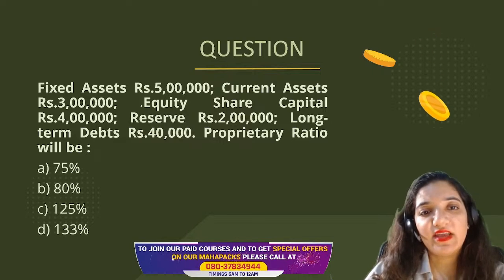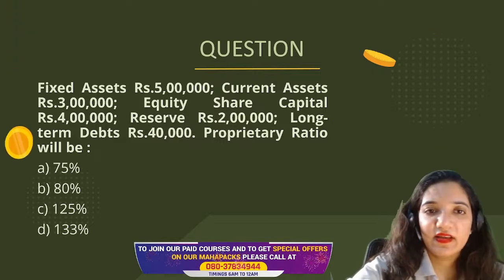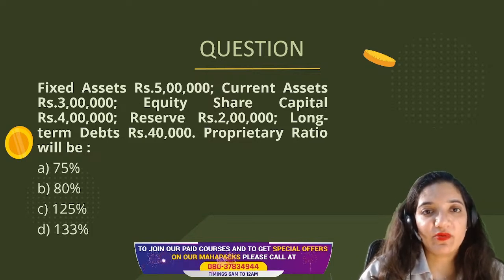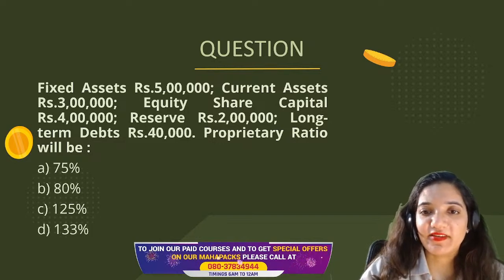Next question. We have fixed assets. We have current assets. We have equity share capital, reserves, long-term debts. Now find out the proprietary ratio.